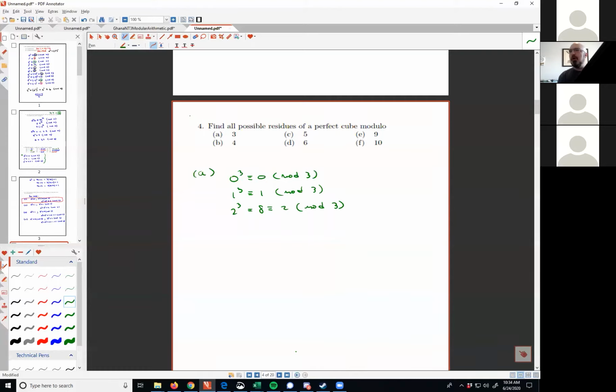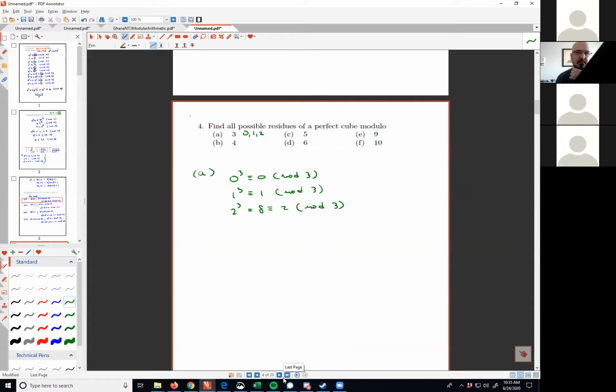So when we cube all the modulo 3 residues, well, we get 0, 1, and 2. Okay. So that wasn't really restrictive. But it is kind of interesting that the residue of a cube, modulo 3, is the residue of the original number that was cubed. So that's nice. So if I take 11 cubed, which is 2 modulo 3, 11 cubed is 1,331. And I already know that's going to be 2 more than a multiple of 3.